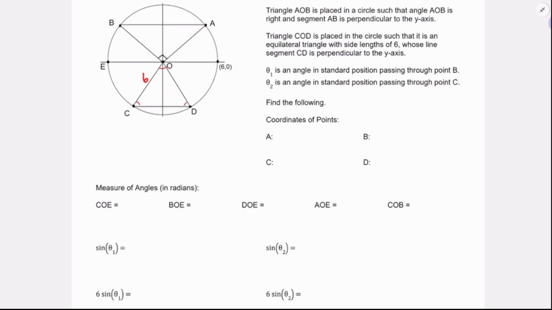Theta 1 is an angle in standard position passing through point B. Theta 2 is an angle in standard position passing through point C. All right. So I'm just going to point out, standard position always starts on that axis and then rotates positively, positively is counterclockwise.